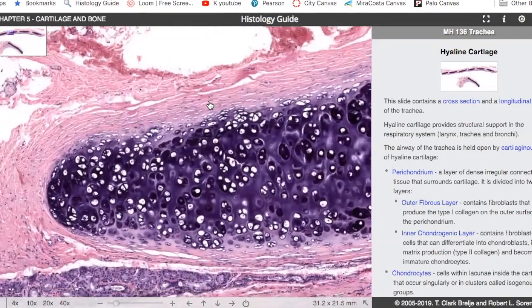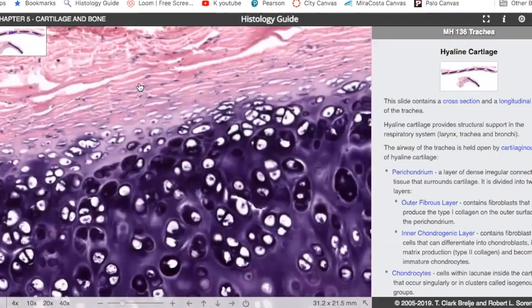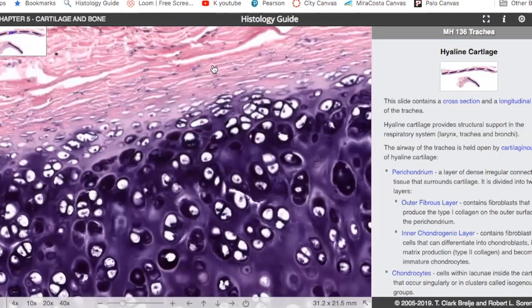And you could see, first off, we've already gone over connective tissue proper, right? On the outside right here, you have fibroblasts and collagen fibers making up the dense connective tissue, some kind of fibrous tissue on the outside right here.